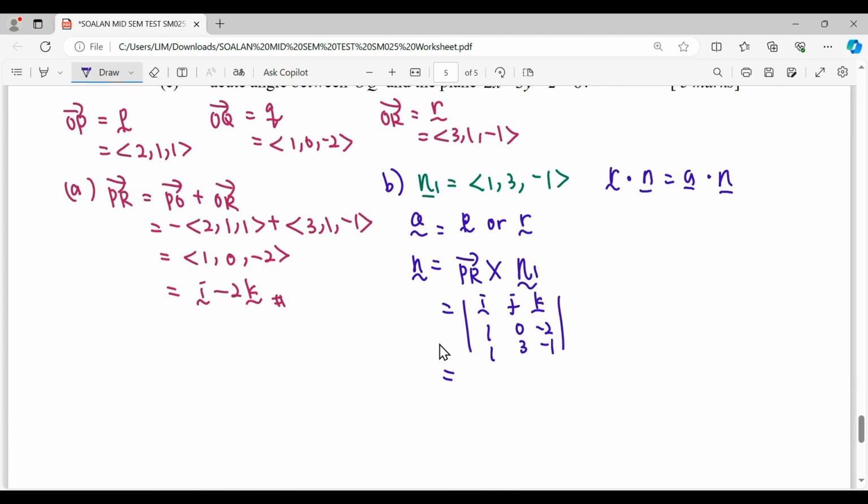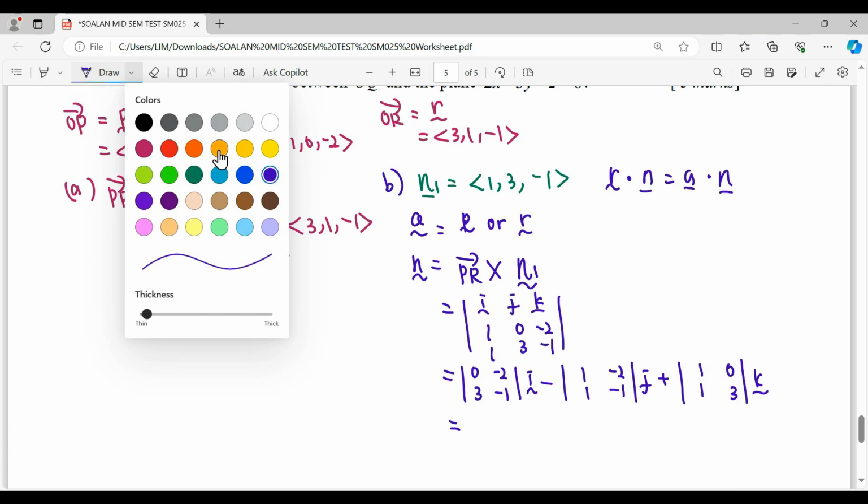Then we start doing this determinant: you need the minor for i, minor A12 for j, plus minor A13 for k. To get the minor, eliminate the first row and first column, which gives us 0, negative 2, 3, negative 1. So directly use negative 2, negative 1 for the second minor, then 0, 3 for the last minor. Vertically, you have 1, 1.